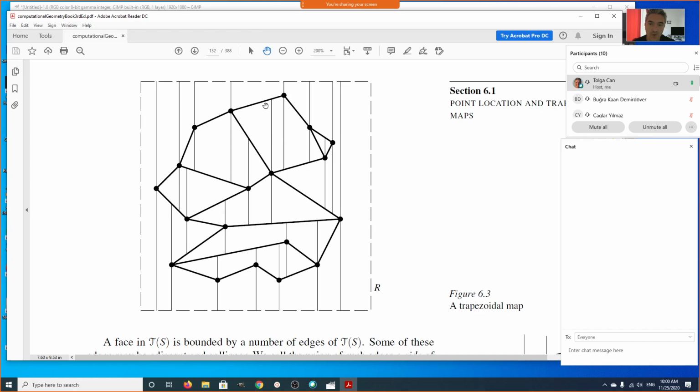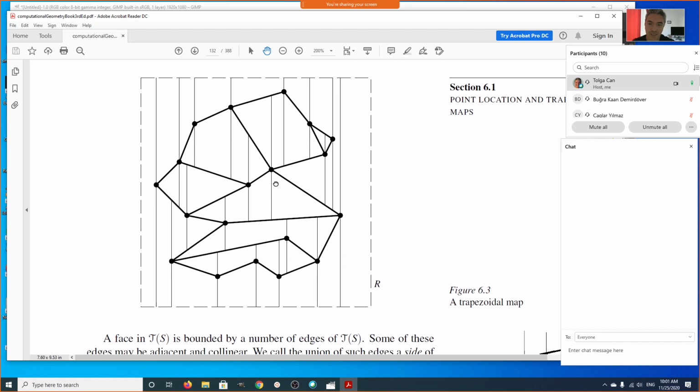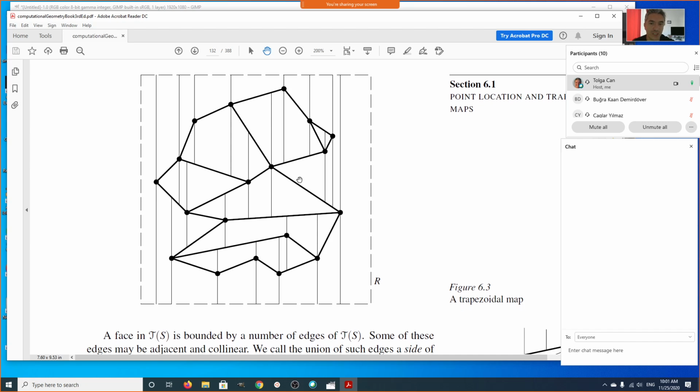The edges are going to remain intact. Starting from a vertex, we extend the vertical extension towards the top and towards the bottom, but we stop as soon as we hit an edge. This is what is called a trapezoidal map.